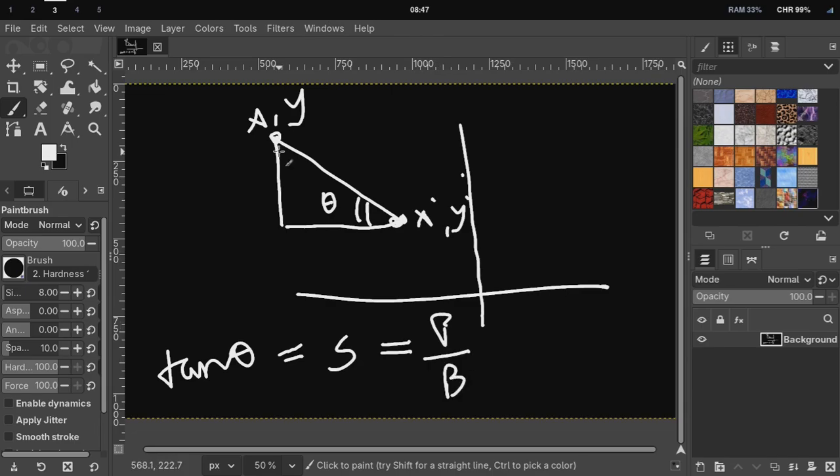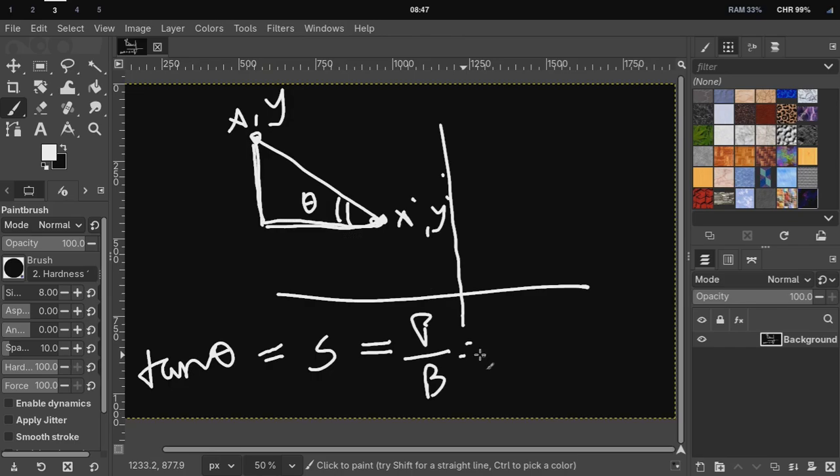So perpendicular's length divided by base length is tan theta, which is further equal to, what is the length of perpendicular? It's y minus y prime divided by, what is the length of the base? It's x minus x prime.